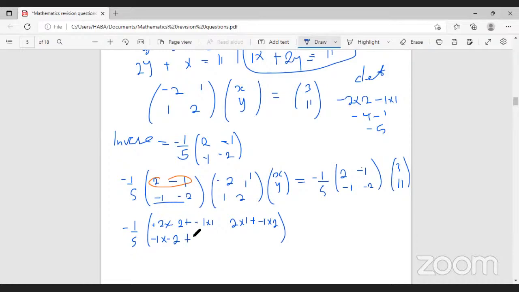Then plus -2 times 1. Get the second: -1 times 1 plus -2 times 2. And then we have our xy: -1 out of 5.